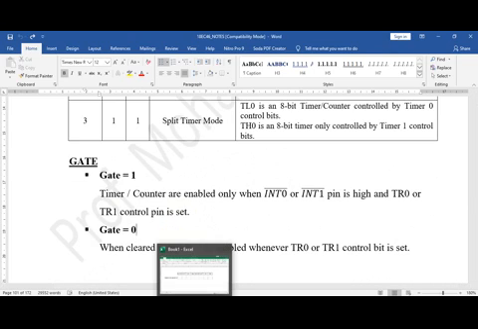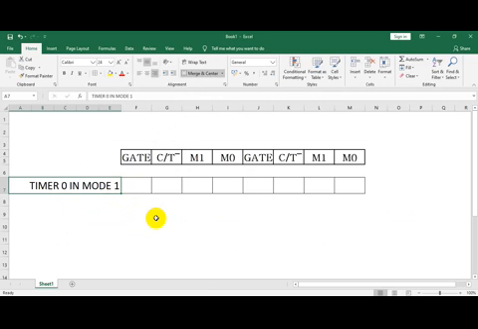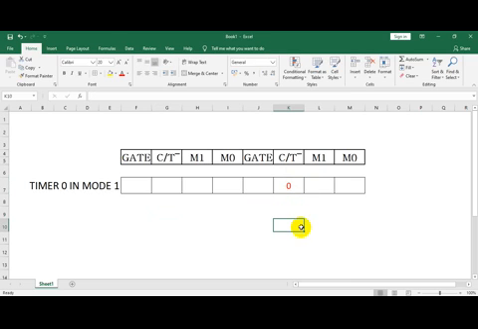We shall see a few examples of configuration. Suppose I want to configure timer 0 in mode 1. Mode 1 is the 16-bit timer mode. We are using this as a timer, so this bit will be 0. Gate will also be 0. Since I am configuring timer 0, I need not worry about the timer 1 bits.